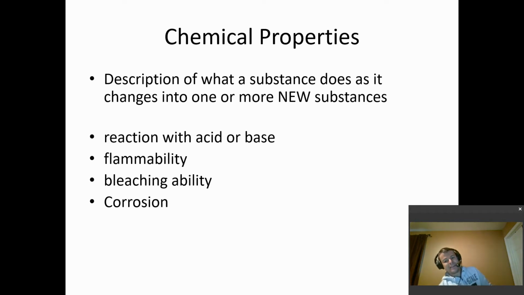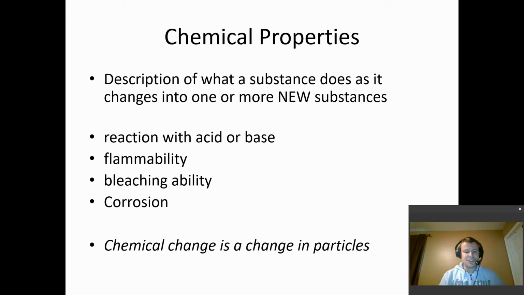What that means is it'll eat through metal, or it'll break down metal. It'll also eat through your skin, so it's a good idea to not get those things on your skin. So a chemical change needs to happen when you're describing a chemical property. The particles are actually changing from particle A into particle B in order for this to happen.